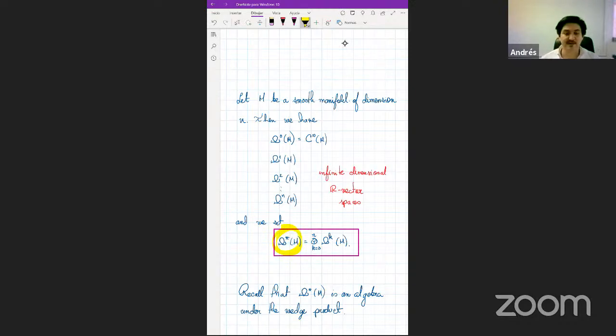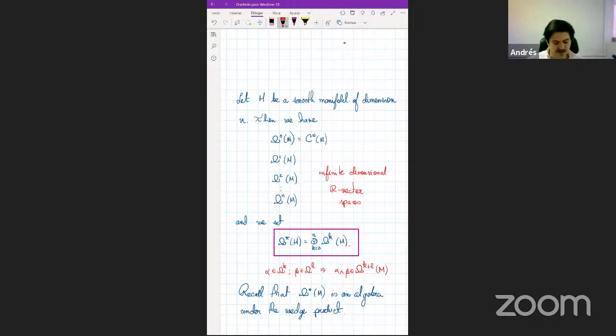Not only an infinite dimensional vector space, but it is an algebra. If you have a k form and an l form, the degree of this is the sum.